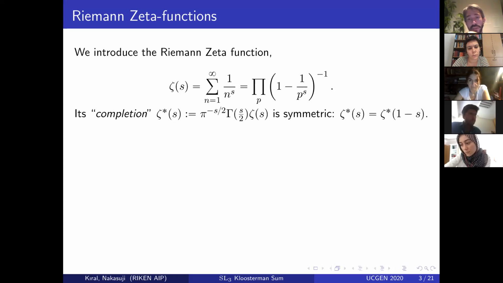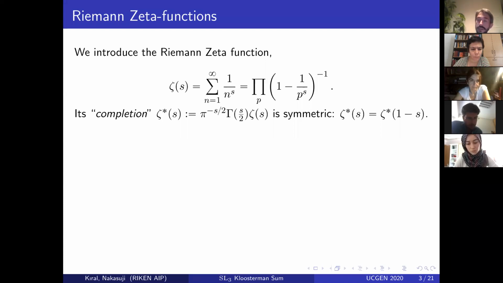It is a generalization of the factorial function onto the complex plane. So gamma(n) is all the numbers from 1 to n minus 1 multiplied, the factorial function, the holomorphic one. Once you do this completion, it has a functional equation.